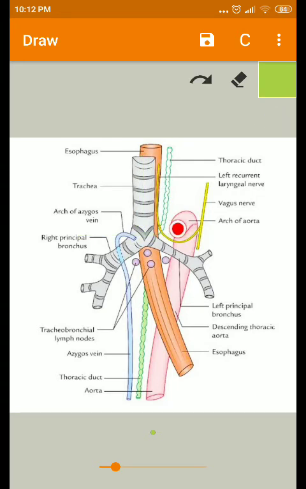This posterior mediastinum is continuous through the superior mediastinum with the neck. So the neck and the posterior mediastinum are connected through the superior mediastinum.